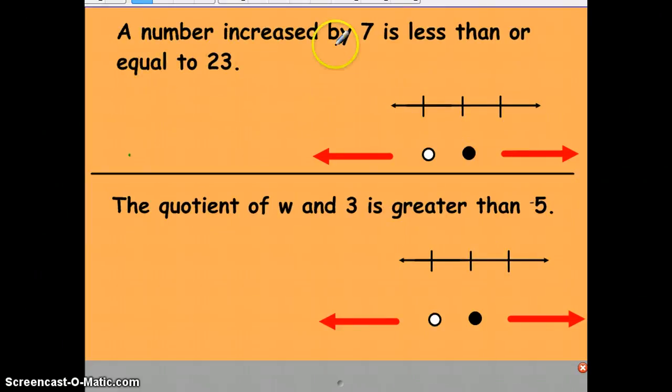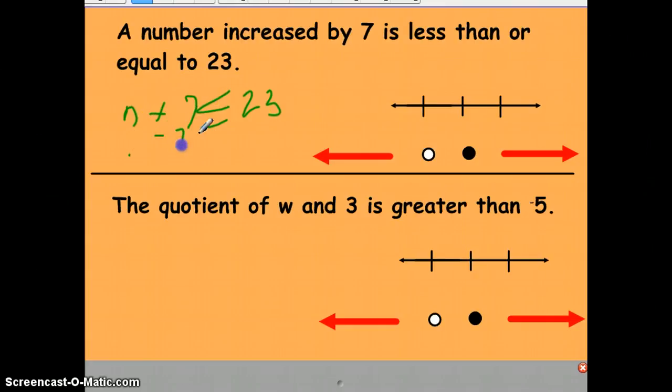Okay, so a number increased by 7 is less than or equal to 23. If we're adding 7, we want to get rid of that constant.